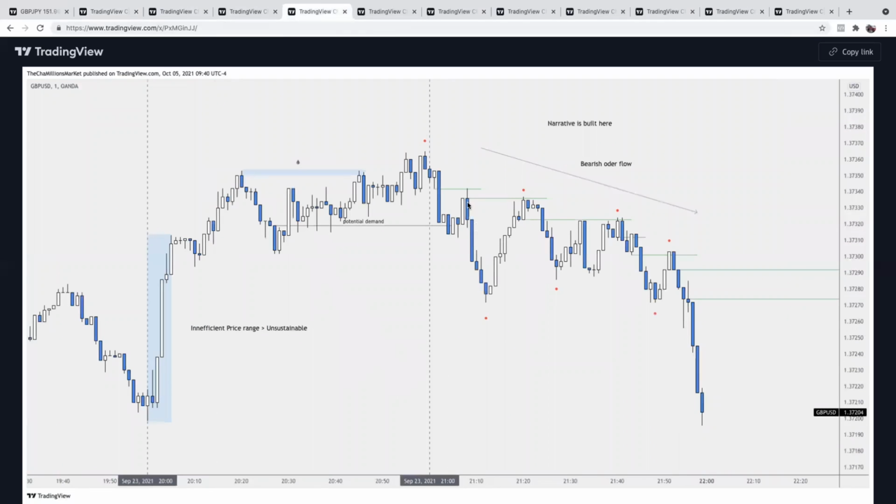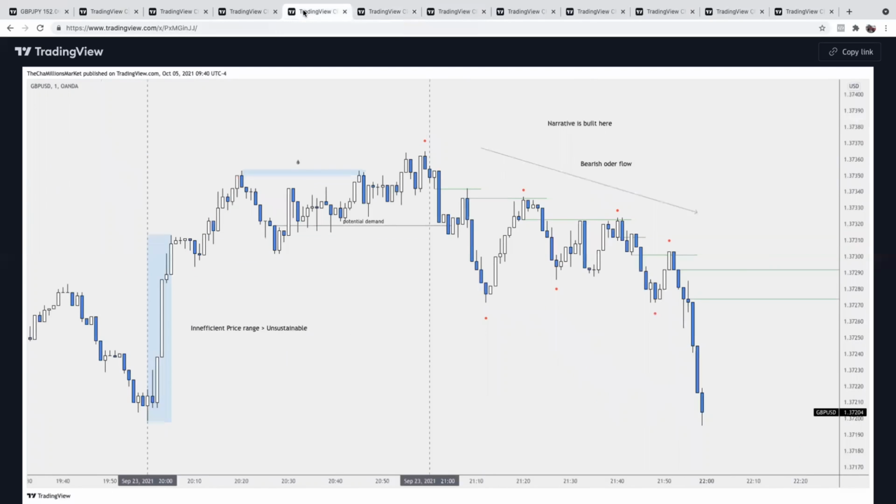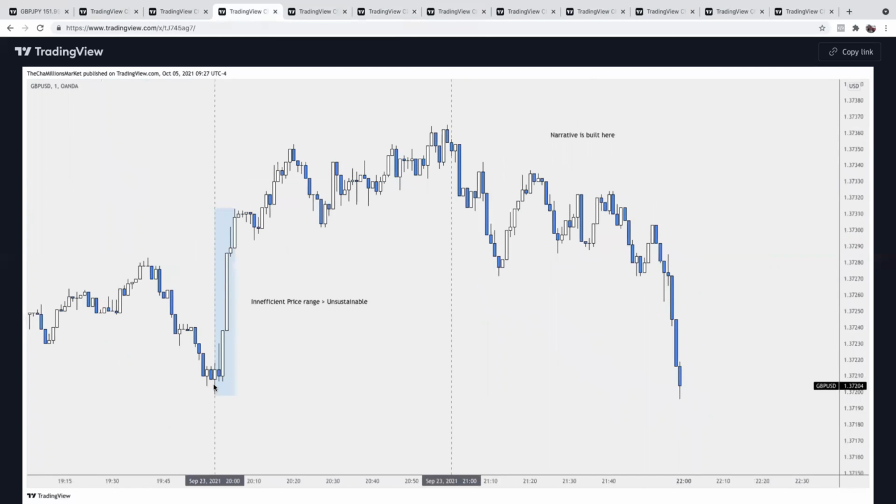Where did the order flow come into the point? Acknowledge the mitigations, acknowledge the efficient price and price action, acknowledge the last points of supply, acknowledge the potential buy side liquidity. Take all of that into account. Stop putting focus here and just running a fee up 50% and just wishing for the best.